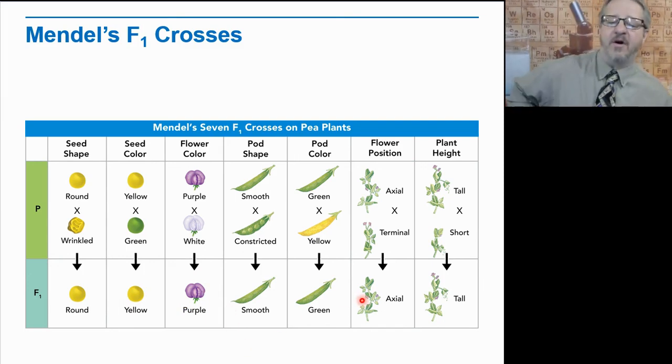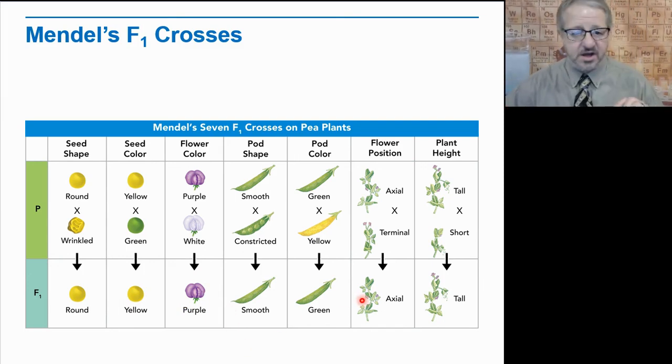So basically, from the parental generation to the first offspring, the F1 generation, he was able to determine which alleles were the dominant alleles. Now, you might also notice that these offspring in the F1 generation only showed the characteristic of one of the parents. It didn't show both.